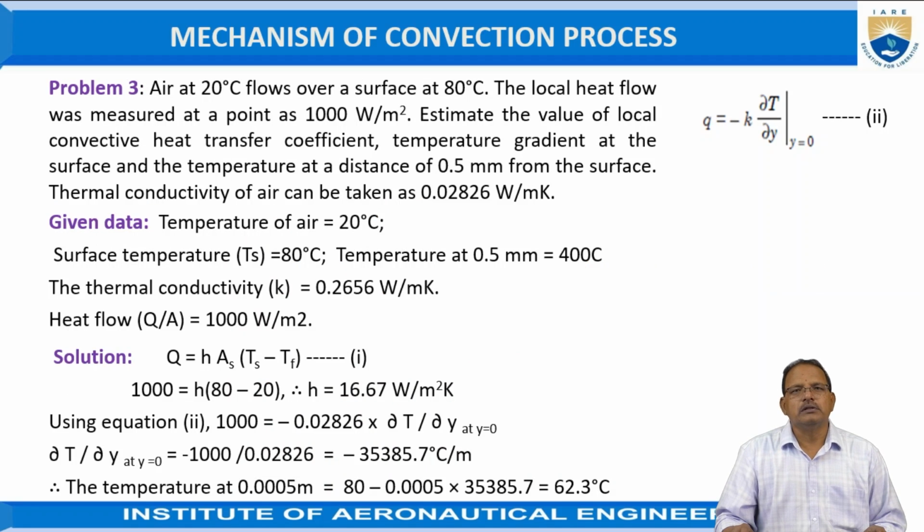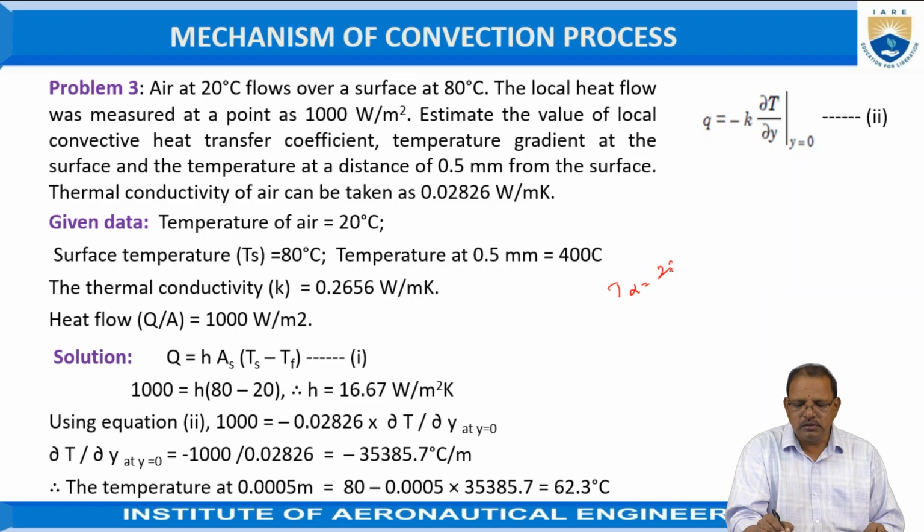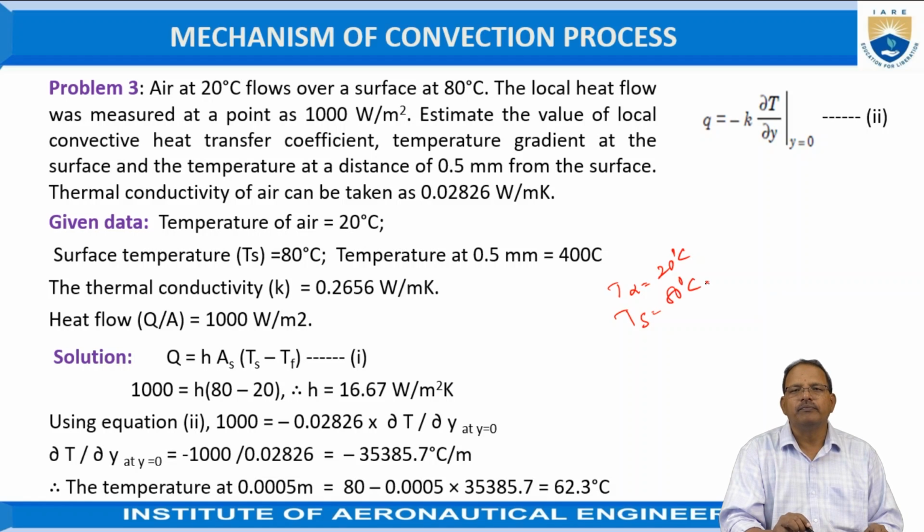Here, third problem, air at 20 degree centigrade flows over the surface at 80 degree centigrade. That is, according to this problem, T alpha is equal to 20 degree centigrade. Over the surface, that is Ts is equal to 80 degree centigrade.